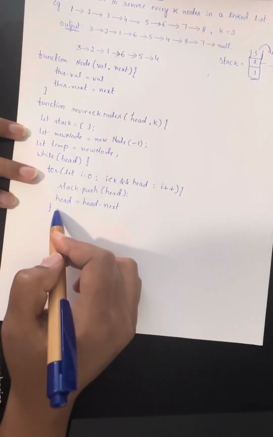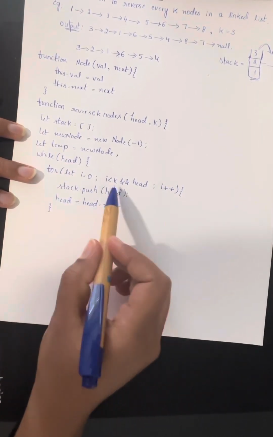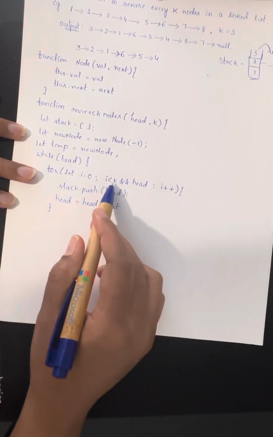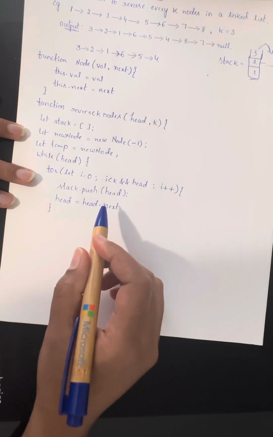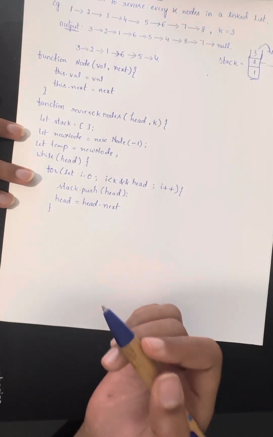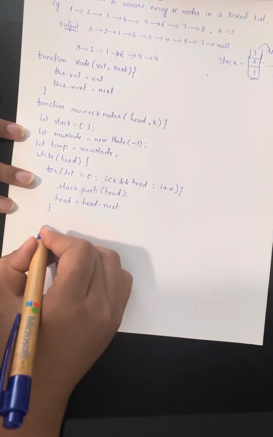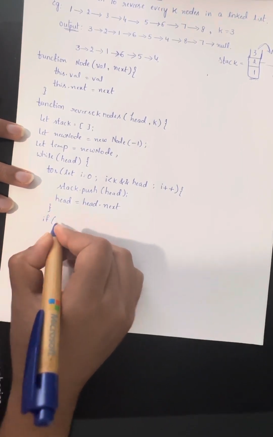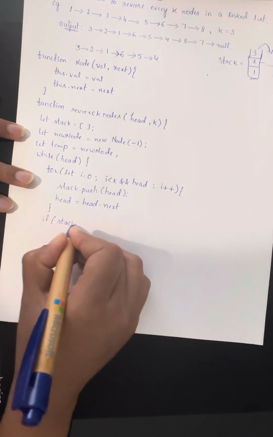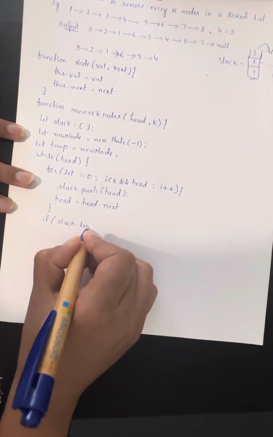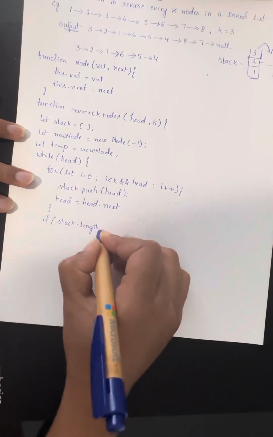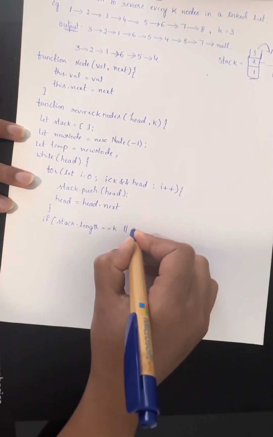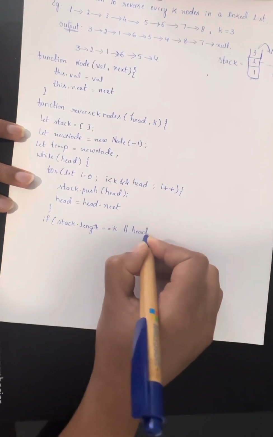So by the end of this for loop, in the stack we'll have k number of elements. The length of the stack will be equal to k, or if it reaches null, then it will be less than k. After this for loop, I'm going to check if stack.length is equal to k, or if head is equal to null.